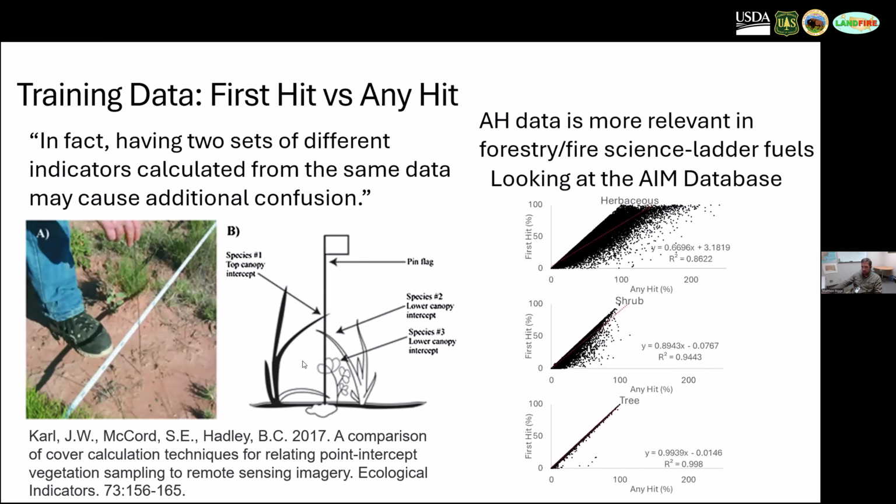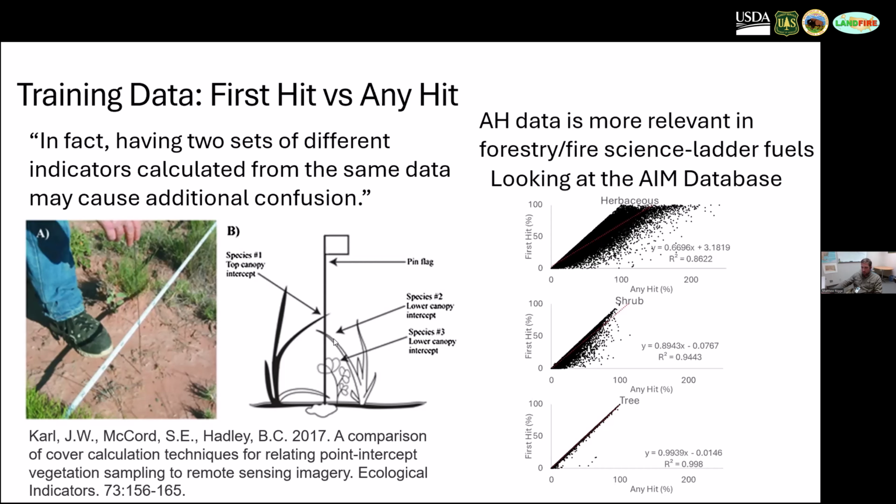The first hit is thinking about, from a vertical perspective, what would be the first item of plant material you would intercept, and you would only record that as your observation. You would not consider anything in overlapping canopy below that. In any hit data, you could have multiple hits from a vertical perspective. So you could hit a shrub canopy and an herbaceous canopy below that, and that would count in multiple cases.